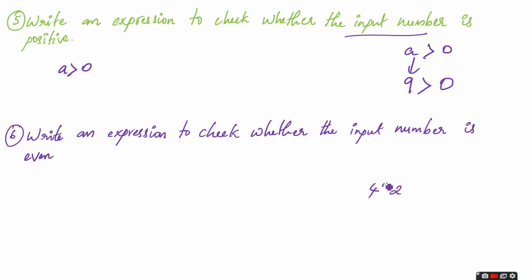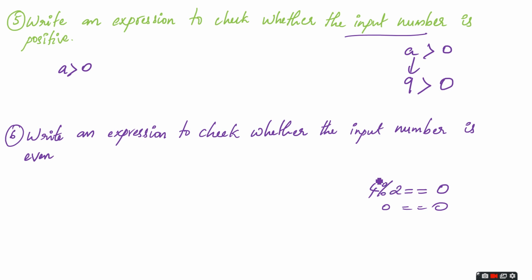So in order to get the remainder, we have modulo sign, and in order to check whether the number is equal to 0 in relational operators, the equal to sign is this one, equal to 0. So if this is true, that means when 4 is divided by 2, the remainder is 0. That is correct. So 0 is equal to 0. That means 4 is an even number.